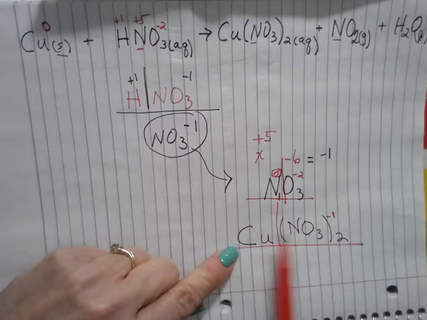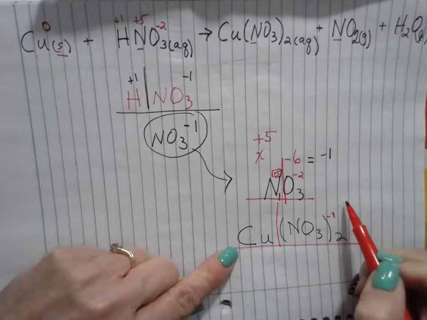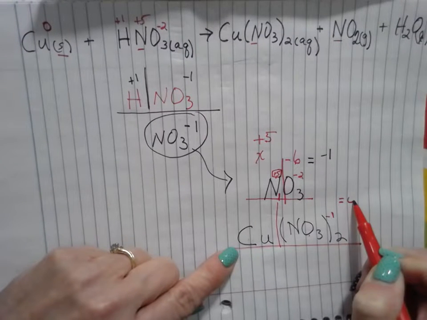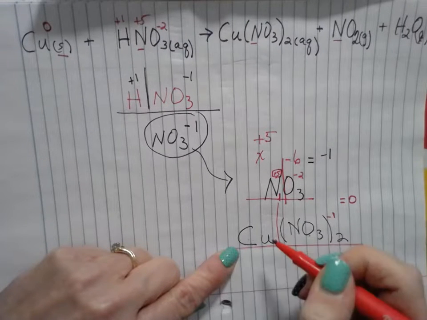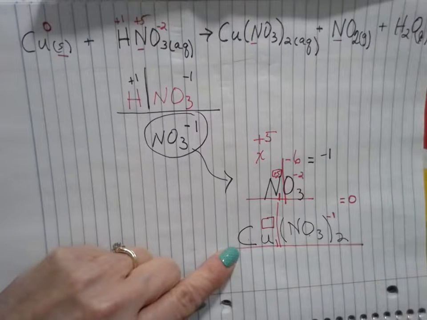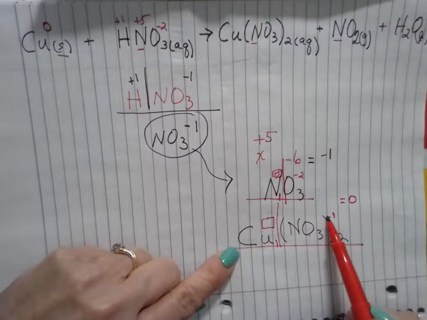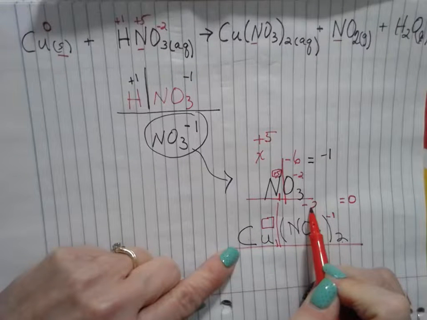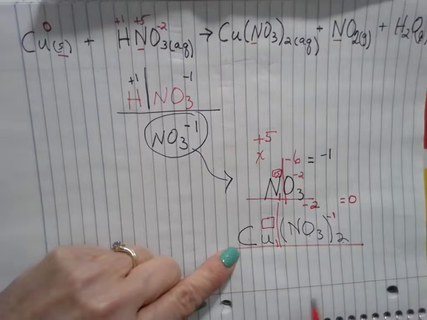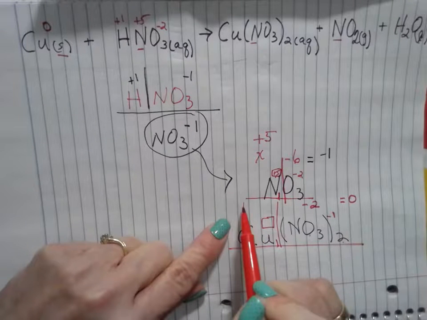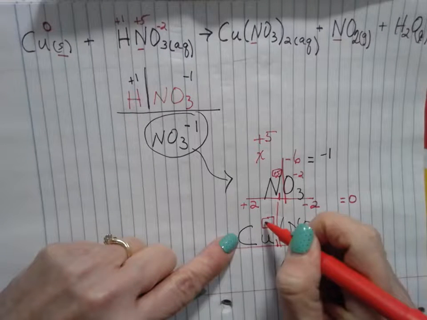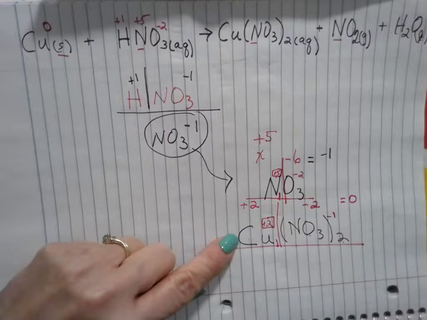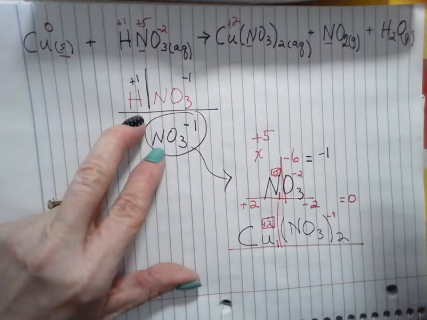Because overall it is a compound, the overall charge is going to equal what? 0. Okay, so I know I've got 1 of these coppers. I've just got to figure out the charge on it. So I say 2 times -1 gives me a -2. So that's got to be a +2. I've got 1. So the charge is +2. Okay, so this is copper 2 nitrate. So this has a +2. All right.